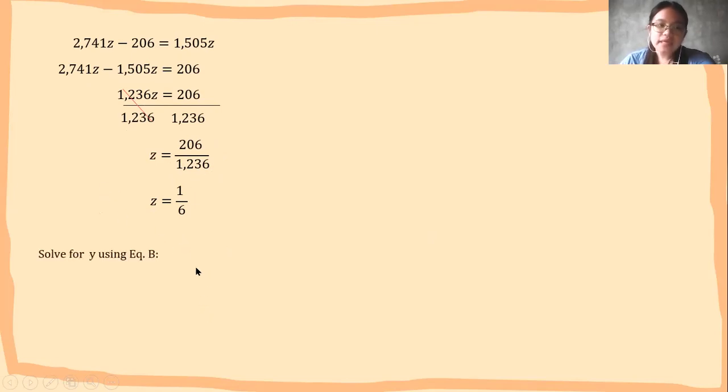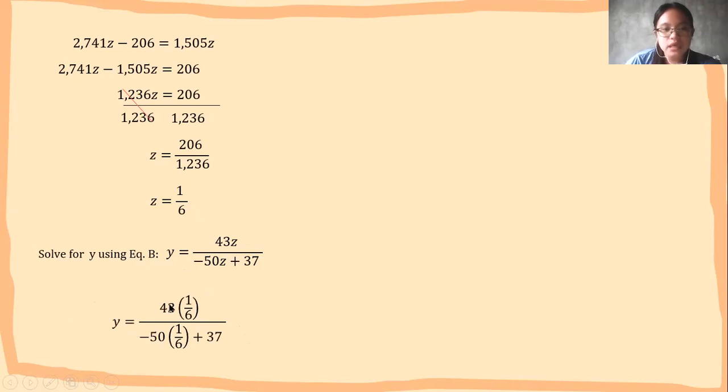Next, let's solve for y using equation B. We now have the value of z, so let's find the value of y. First, let's solve for y using equation B and the substitution method. So this is our equation B. Then all z will be substituted by 1/6.